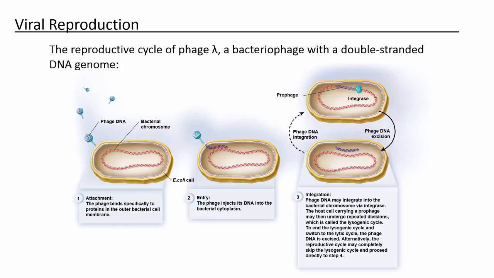In addition to having the genome encased by the capsid, HIV also has an enzyme called reverse transcriptase, which phage lambda does not have.